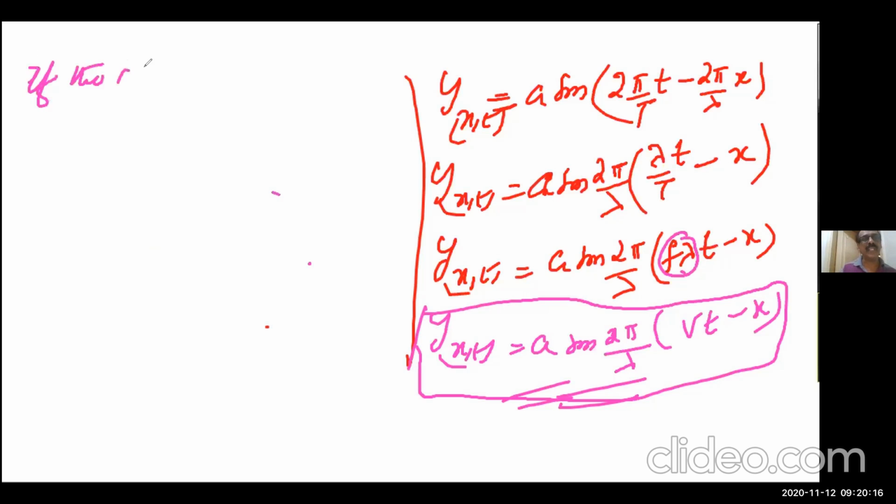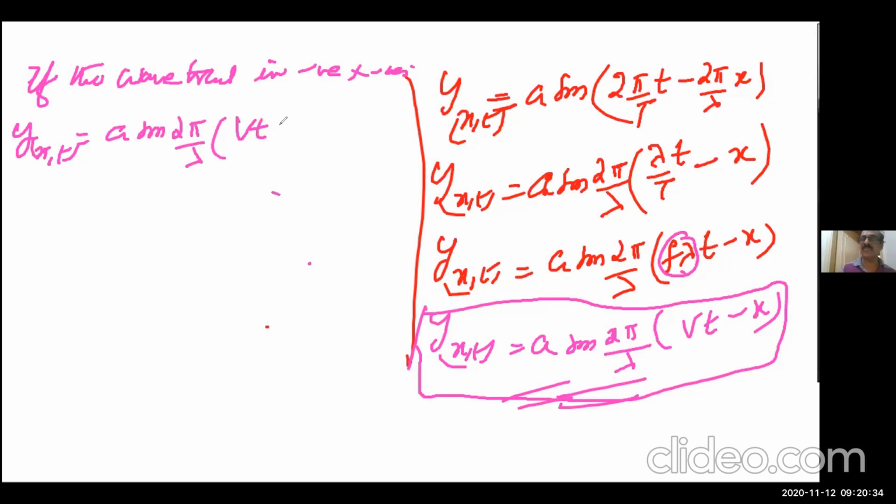If the wave travels in the negative x-axis, then the formula becomes what? y(x,t) is equal to A sine 2 pi by lambda (vt minus of minus x), that means plus x.